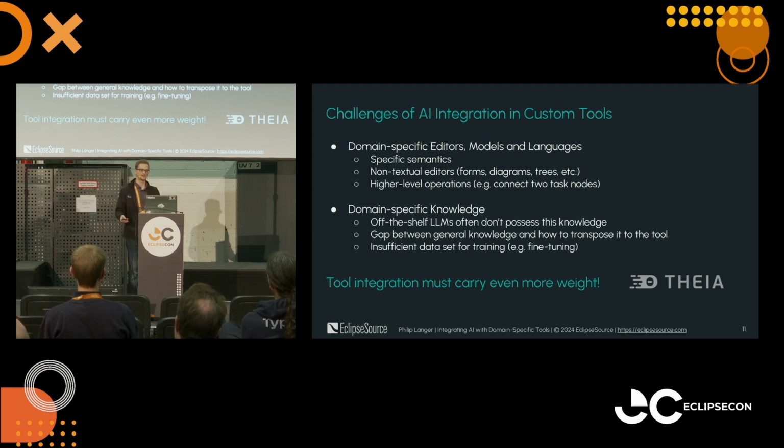You need to interact with non-textual editors: forms, trees, diagrams, whatsoever. What LLMs can do really well is produce tokens, right? But in this case, you need to produce high-level operations that are then translated into your editors. So that all means that the tool integration must carry even more weight than for generic, general-purpose IDE integrations.